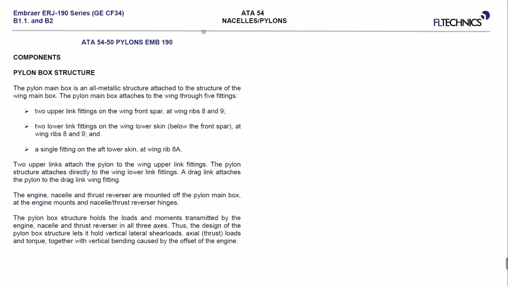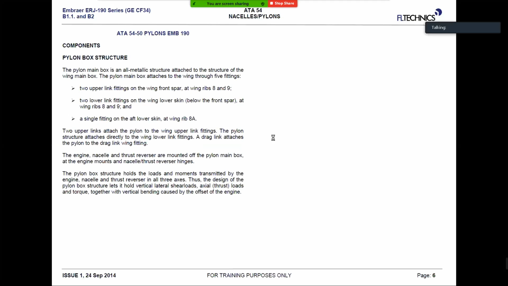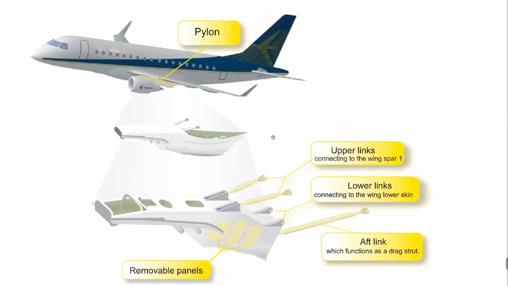So once again, the wing upper fittings to the front spar number 1, but on ribs 8 and 9. You understand that along the wing we have ribs, yes, ribs like this. Okay, and this element is called spar.